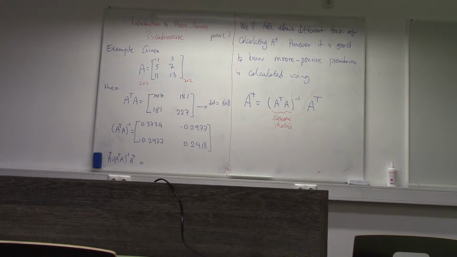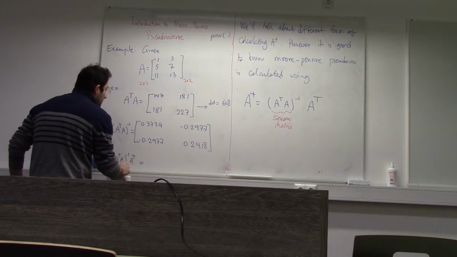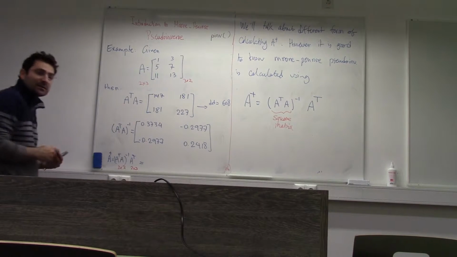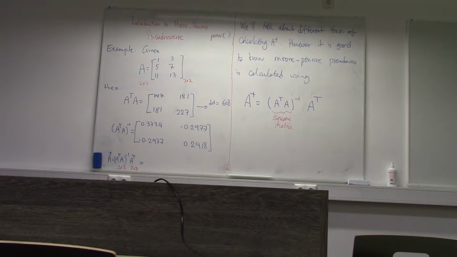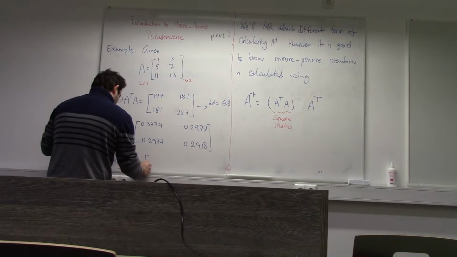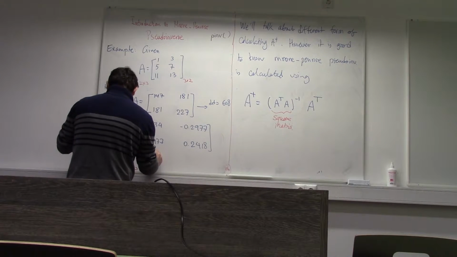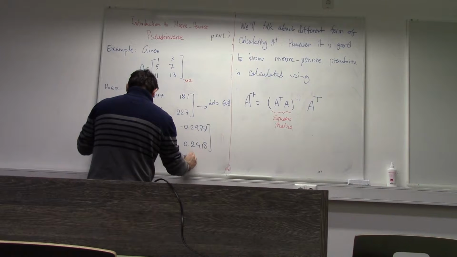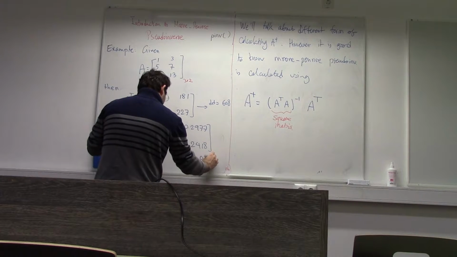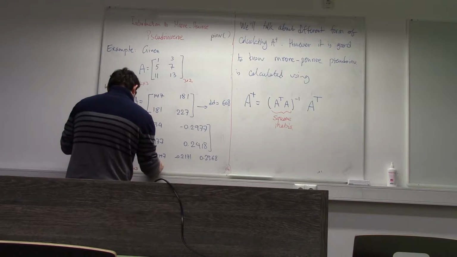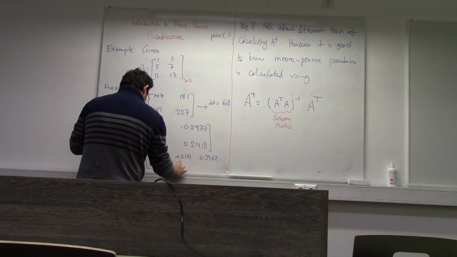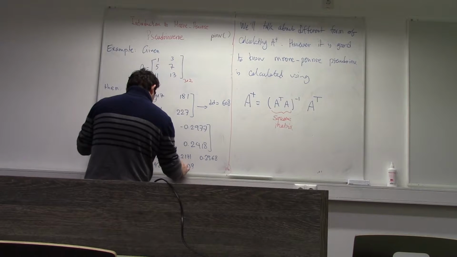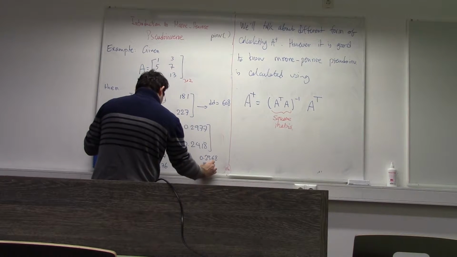Now if I do it, what will be the size? This is 2 by 2, this is 2 by 3, so the result is 2 by 3. So the A plus will be 2 by 3, whose numbers are minus 0.5197, minus 0.2171, 0.2368, 0.4276, 0.2039, minus 0.1316.